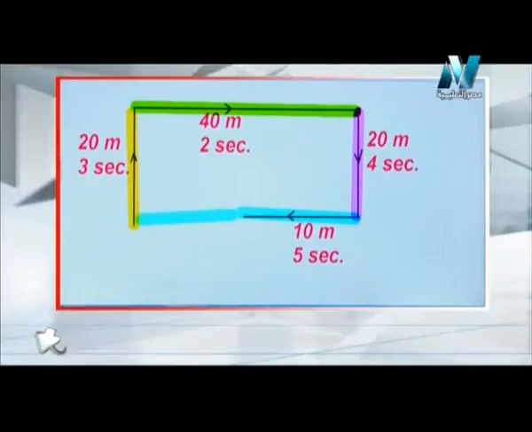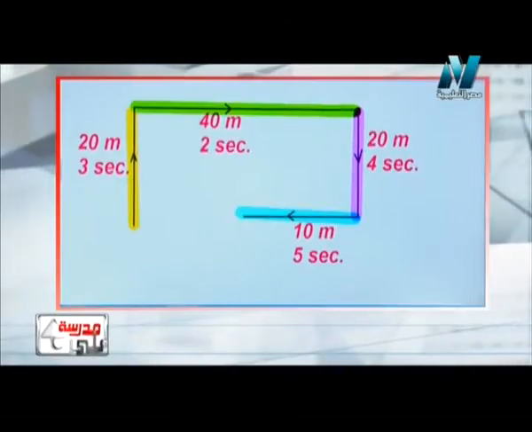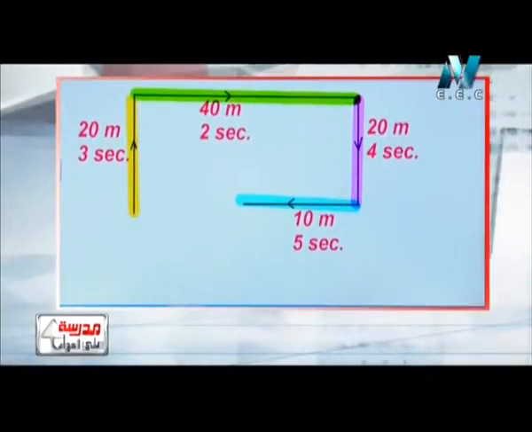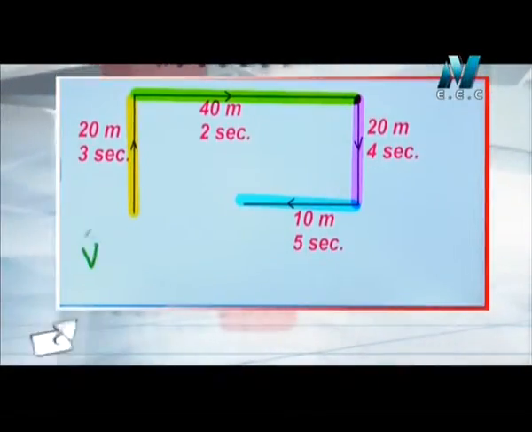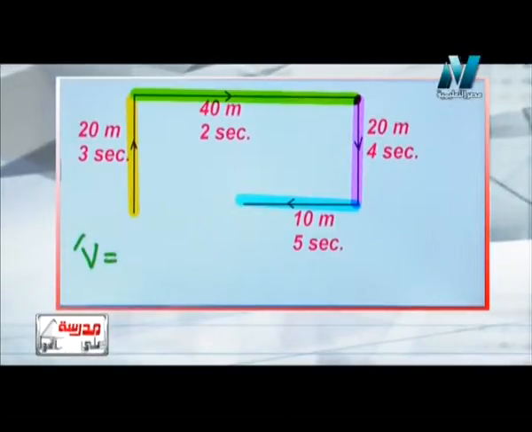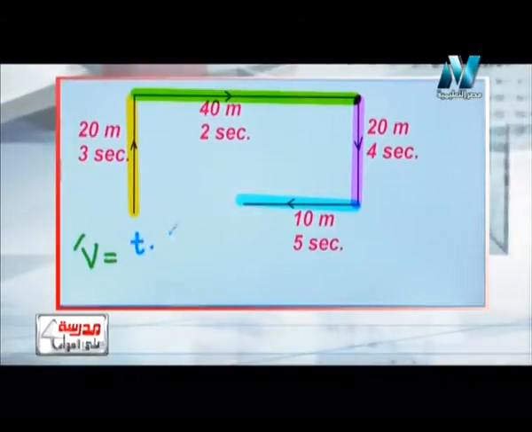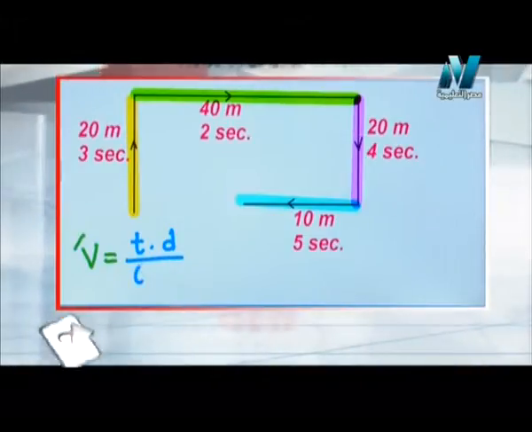In this case, what do we do? We calculate the average speed, V dash, equals total distance covered over total time taken.